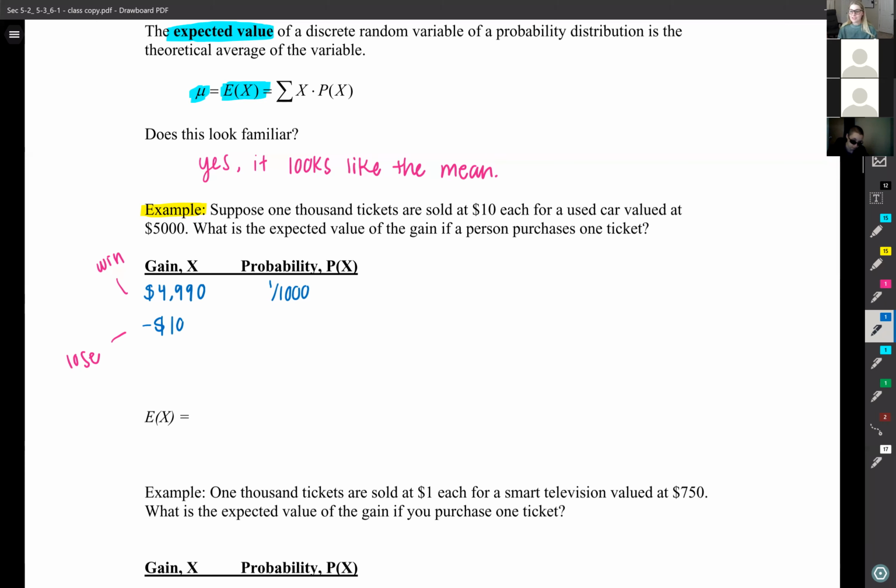Remember we discussed the complement of events. So if my probability of winning is 1 over 1,000, my probability of losing is 1 minus 1 over 1,000, which is 999 over 1,000. So I have a very high chance of losing, a very low chance of winning, but a huge gain if I do win.